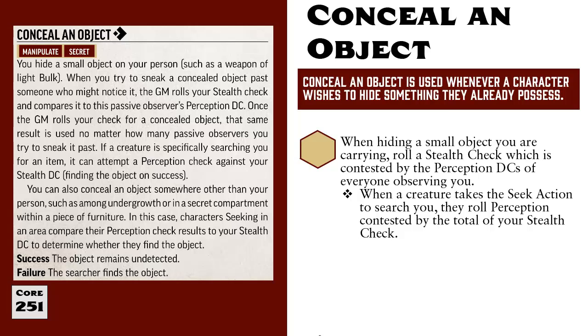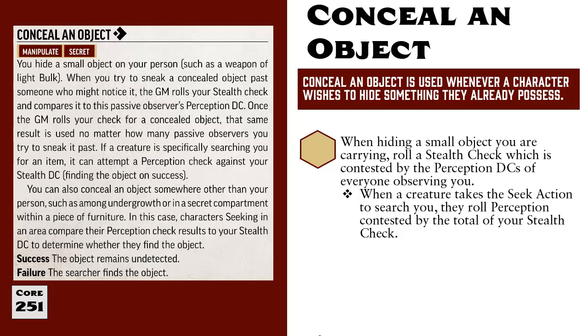This guard would then roll their perception, and that total would be challenged by your stealth DC. Note that whatever you rolled on your turn when you took Conceal an Object is now irrelevant. When it's the guard's turn and they are using seek to search you, then it is their perception challenged by your static stealth DC.